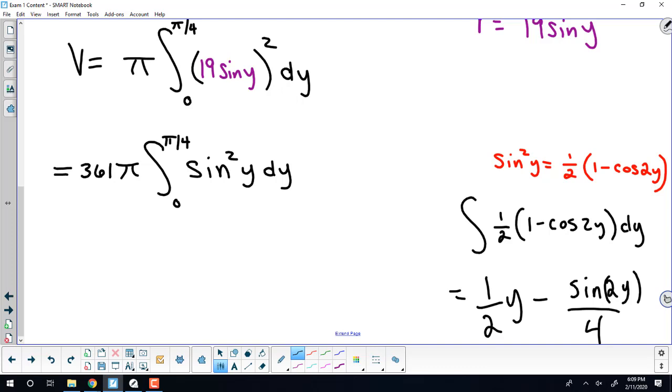So again, if you want to remember just what we have here as our last step, that's fine. Which trig identities do we have to know for the test? I would know the common ones: Pythagorean identities, the double angle, and sine squared, cosine squared. Those are by far the most common ones throughout the semester.